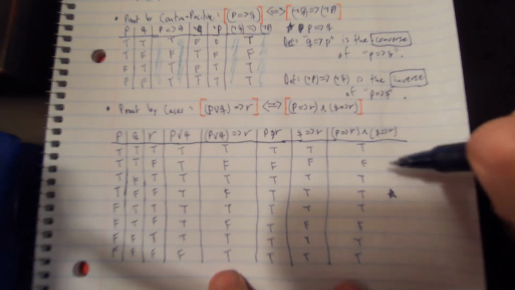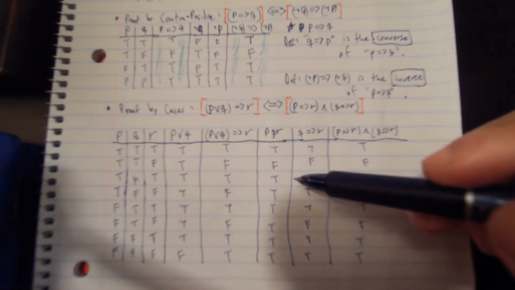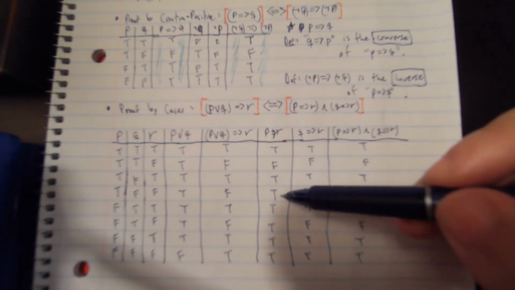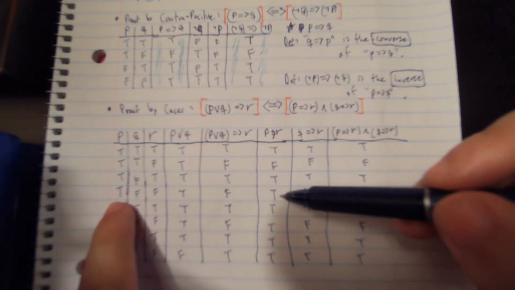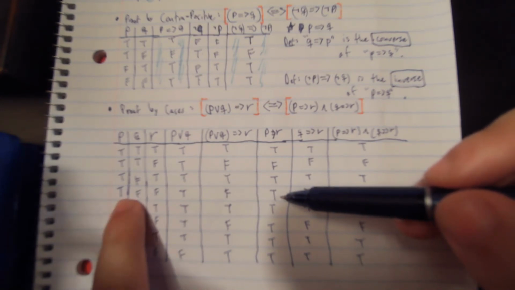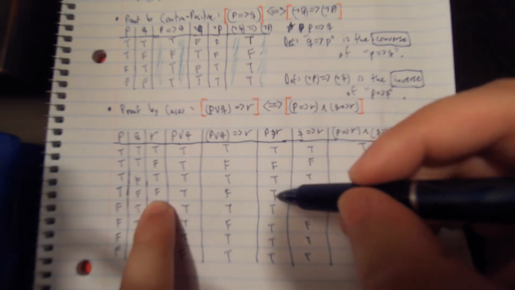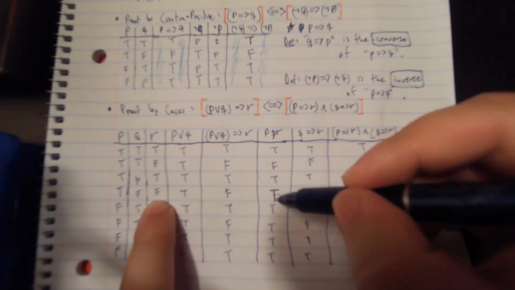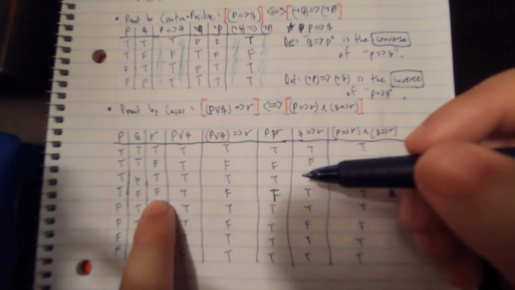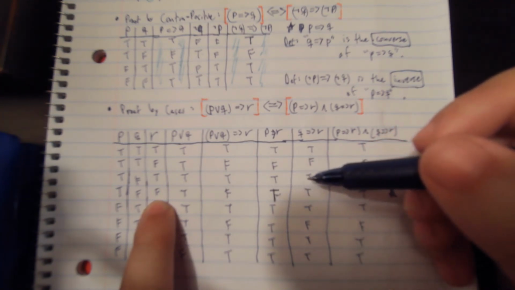So I'm just going to write this. Why did it not match? So did I do this one right? P then R. P is true, but R is false. So then this is false. Okay, so now they match, right?